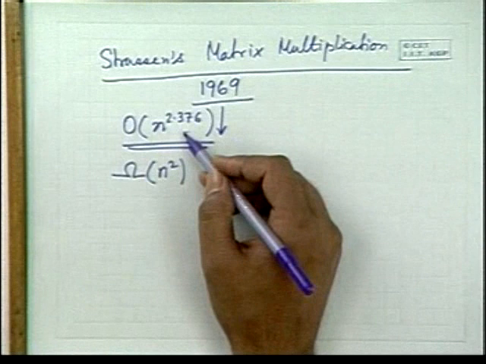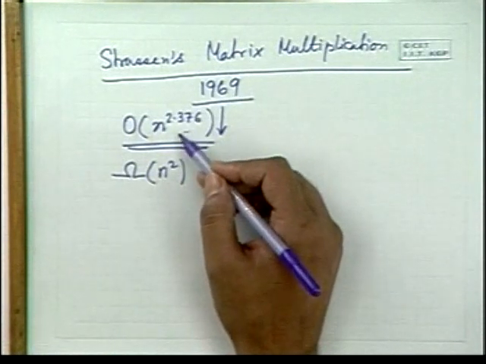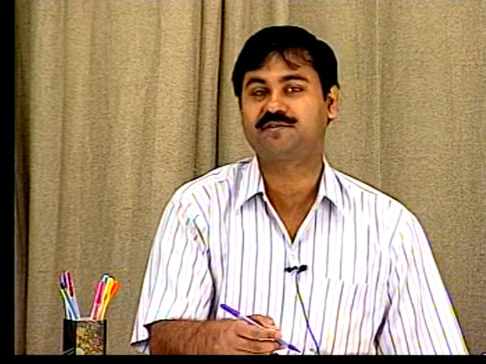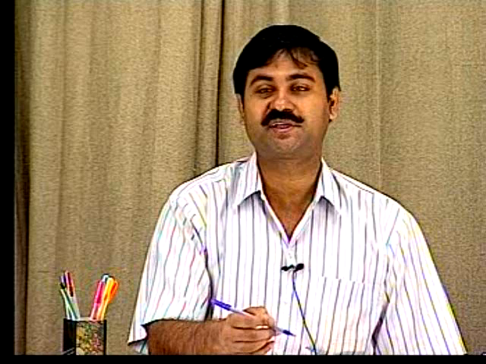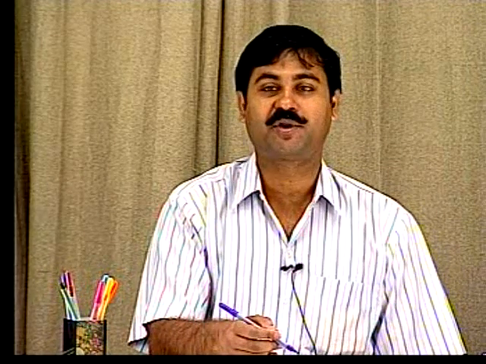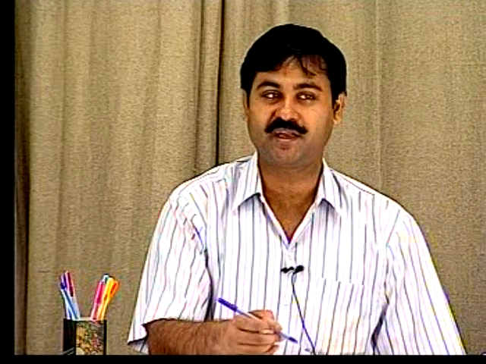And people go on decreasing this little by little. But the point is, nobody knows what the optimal value is. What should be the right complexity for matrix multiplication? Such a basic problem, and we don't know the right complexity. There still lies a gap till today.